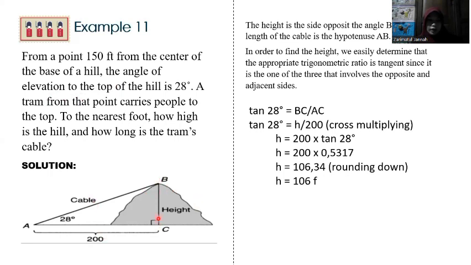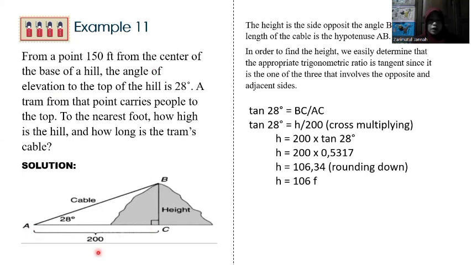The hill and the height of the hill is the height, and the cable is IB. The angle is 28 degrees. Sorry, it's 200 feet from the center.